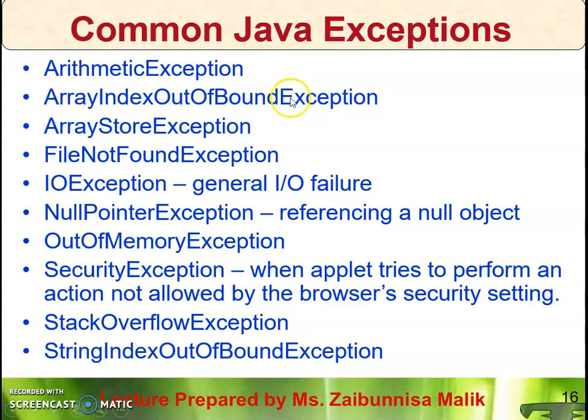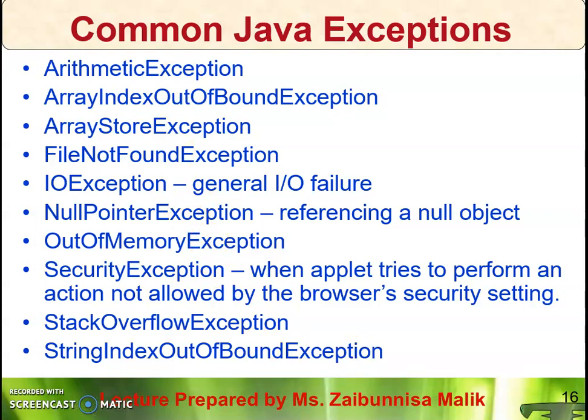Array index out of bound exception, again if the array index is out of bound, it comes under the class array index out of bound exception. Then array store exception, file not found exception, IO exception, null pointer exception, security exception, stack overflow exception, string index out of bound exception. All these are common Java exceptions.